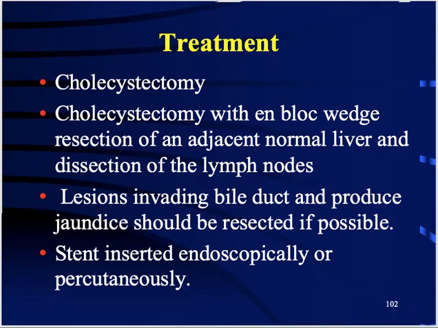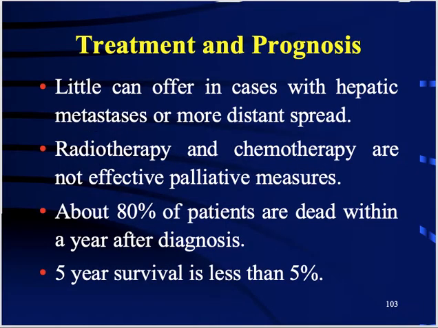So see, cholecystectomy with en bloc wedge resection of an adjacent normal liver, and dissection of the lymph nodes. A lesion invading the bile duct and producing jaundice should be resected if possible, and a stent inserted endoscopically or percutaneously. Okay, so simply, the prognosis of this one is not good, guys.